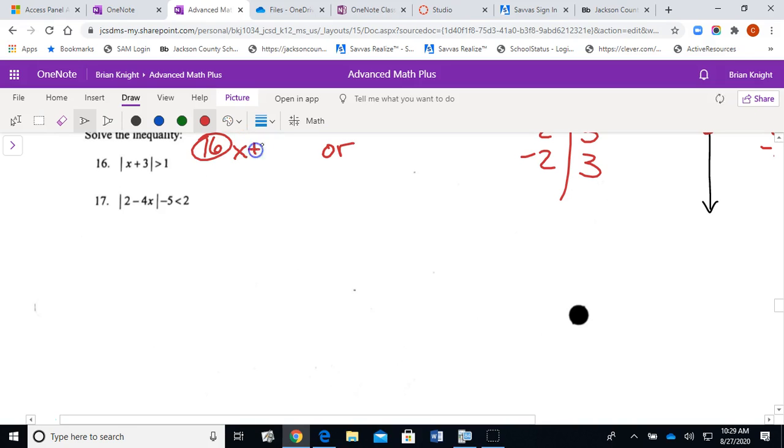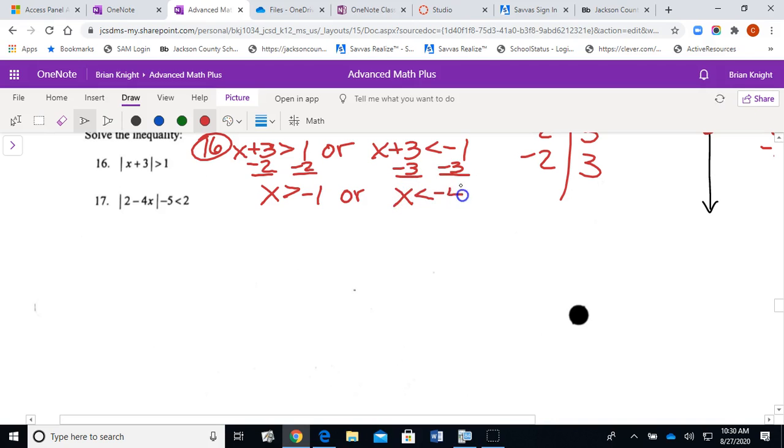X plus 3 is greater than 1, or x plus 3 is less than -1. Got to flip the inequality and change the sign. And then you work them both out. So -2, -2, x is greater than -1, or -3, -3, x is less than -4.